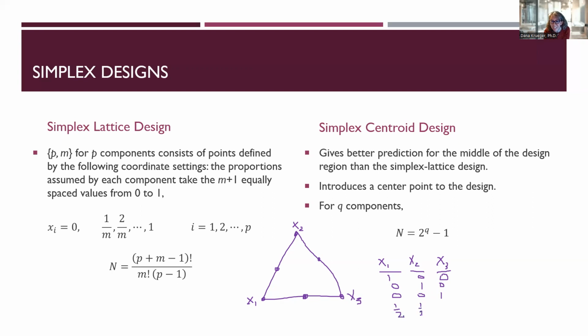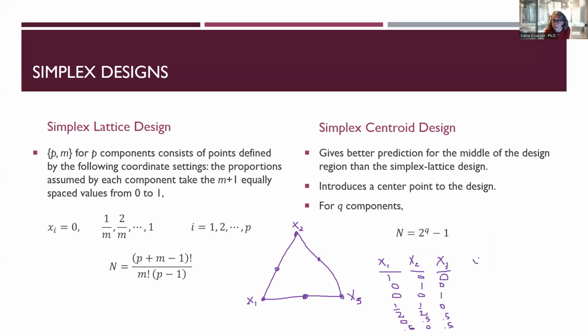I'm going to run out of room, aren't I? I'm going to switch to 0.5 so that I can maybe fit this in here. 0.5, 0.5, 0, and 0.5, 0, 0.5. Okay, and that's what we would be running.